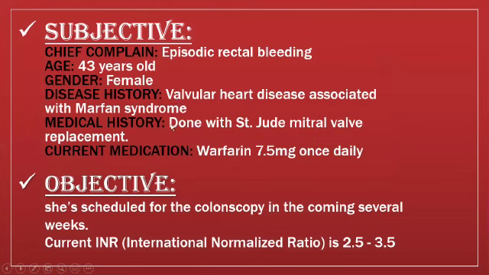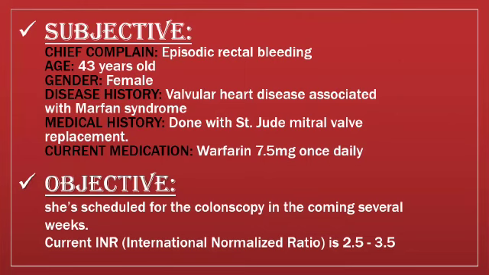In her medical history, she has already had a mitral valve replacement. Her current medication is warfarin 7.5 mg once daily. In the upcoming weeks, she is also scheduled for the colonoscopy.